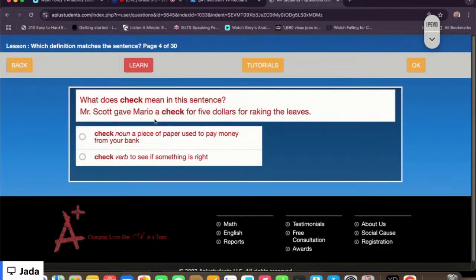Mr. Scott gave Mario a check for $5 for raking the leaves. What does check mean? Is it a noun or the verb?